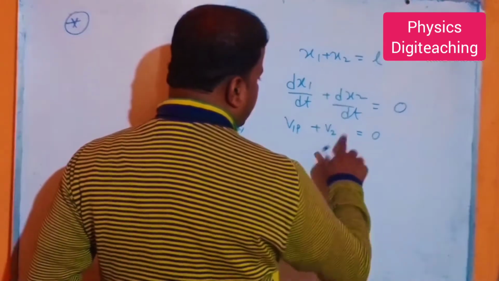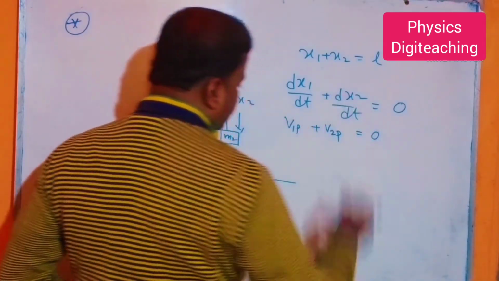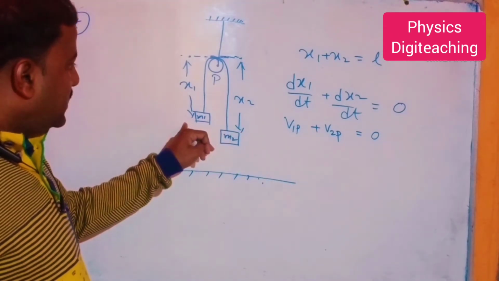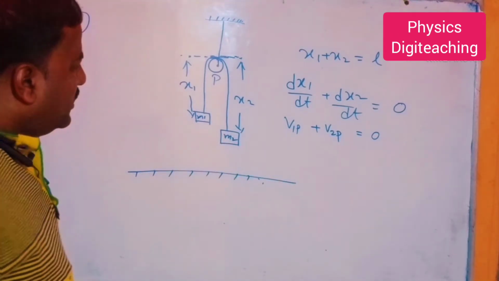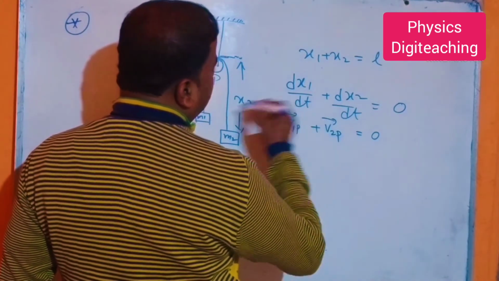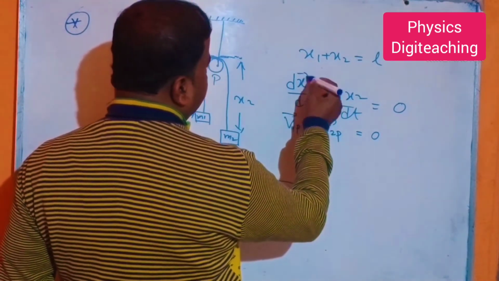Sorry, this is the V2P suffix, that is the velocity of mass m2, and obviously these are vectors.